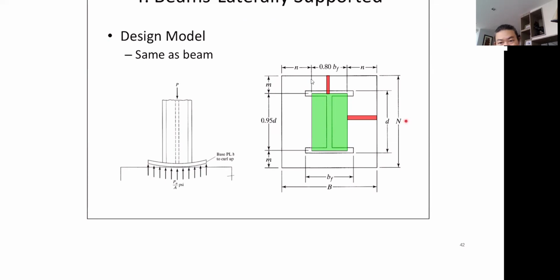So when you have the size of the base plate, this is the remainder of the plate dimension minus 95% of the depth. But in this direction, we are saying that 80% of the beam width is rigid. So what is left here is just the remainder of the plate dimension minus 80% of the beam width. Okay, and that's it.